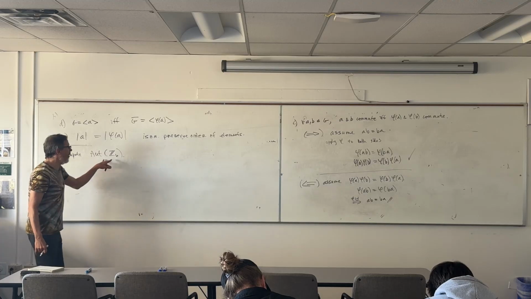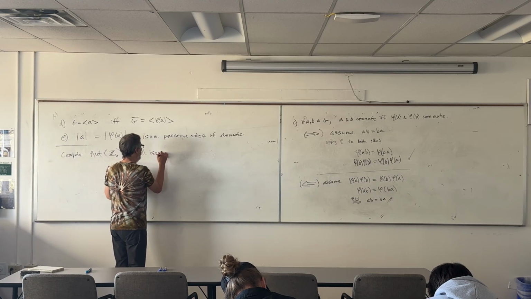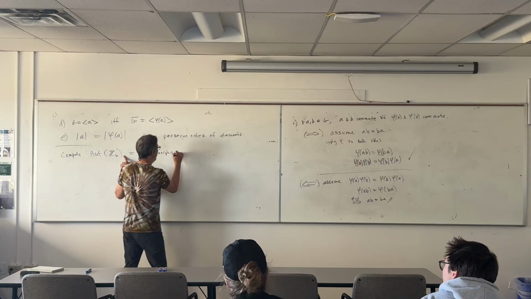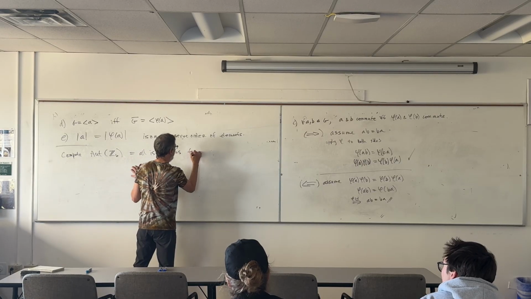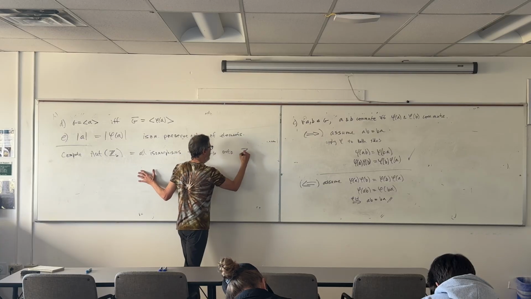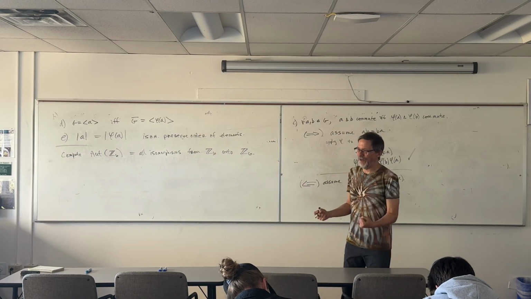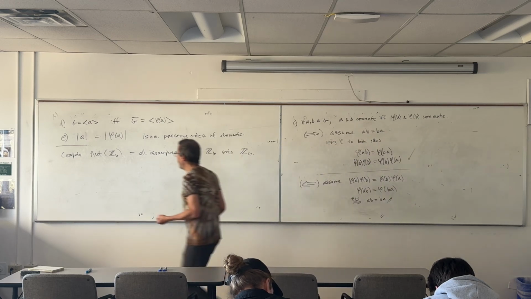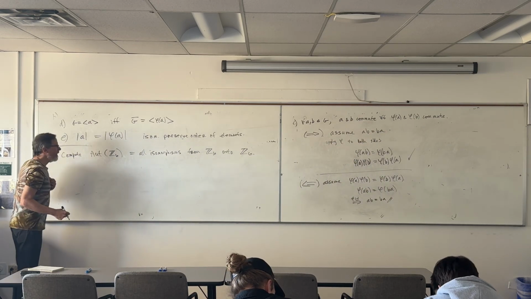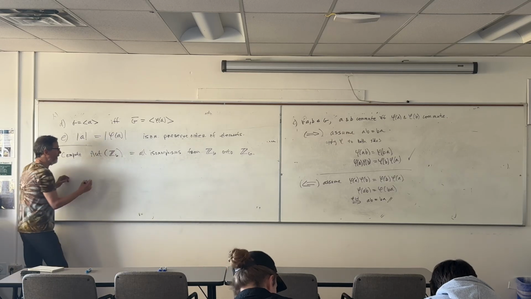So I'm looking for all isomorphisms from Z6 onto Z6. Now here's some hints on how to do this. First off, there's some actually low-hanging fruit.